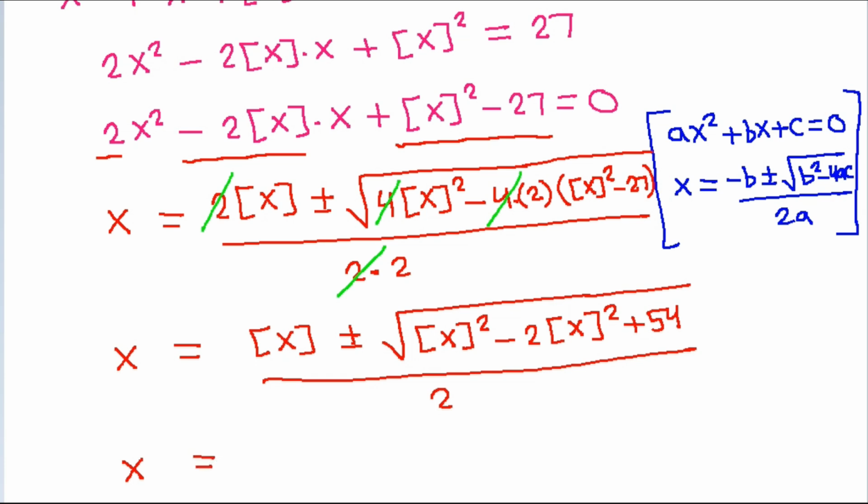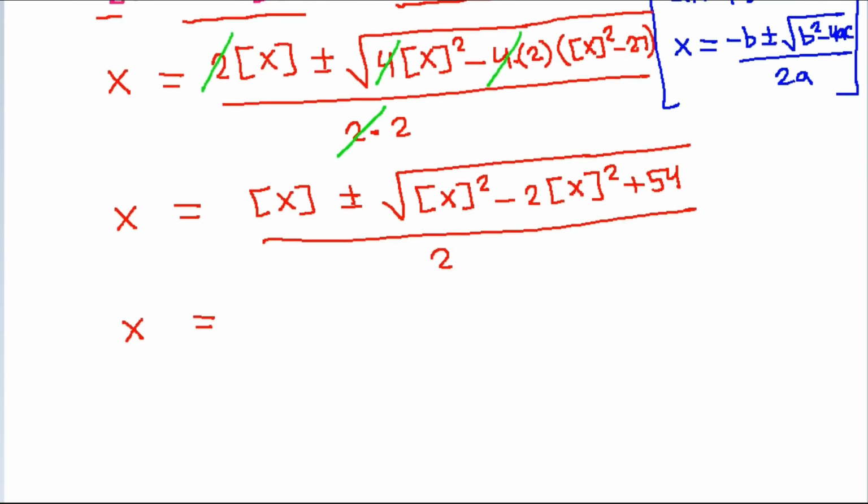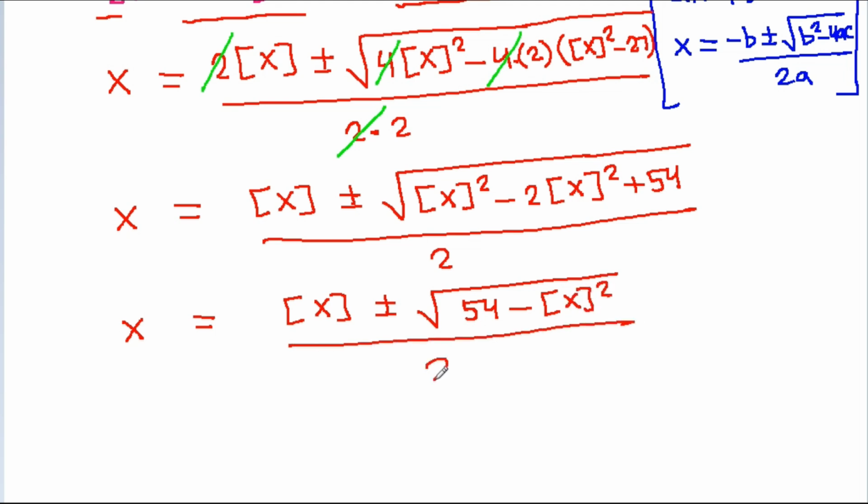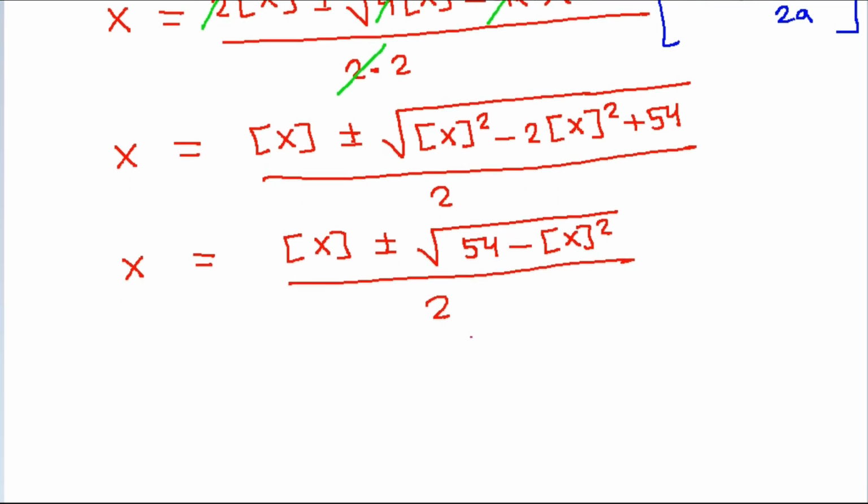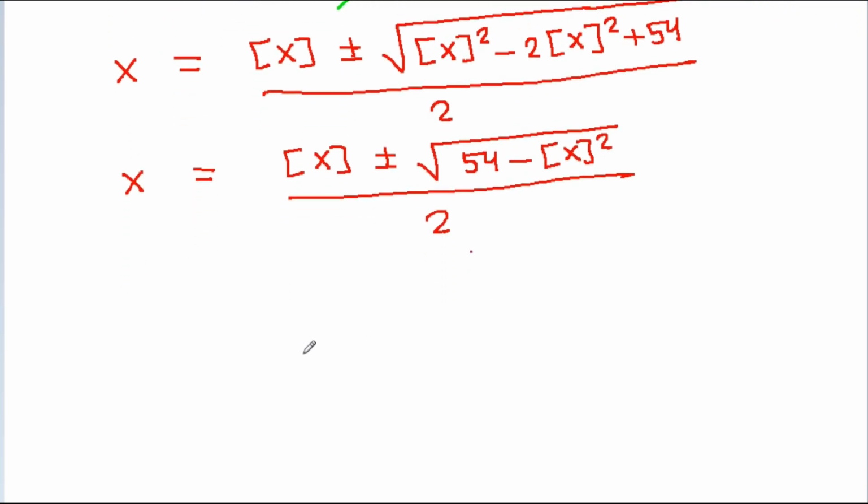So x is equal to [x] plus or minus square root of 54 minus [x]², divided by 2. And we have [x] equal to minus 6 and 5.